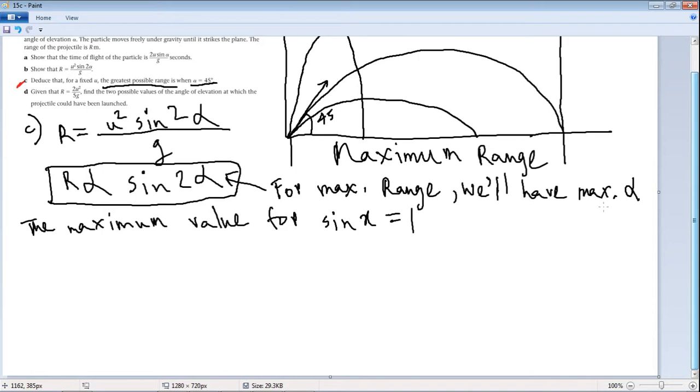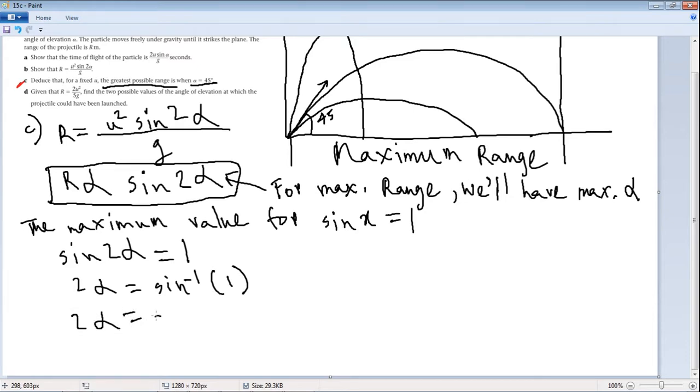For that we write sine twice alpha equals 1. If we solve, we get twice alpha equals sine inverse of 1, which is 90 degrees. Then we'll get alpha equals 45 degrees.